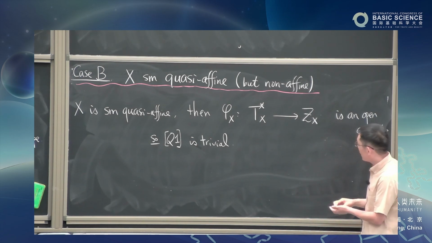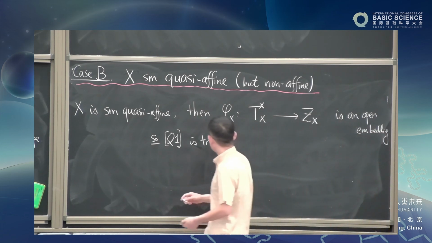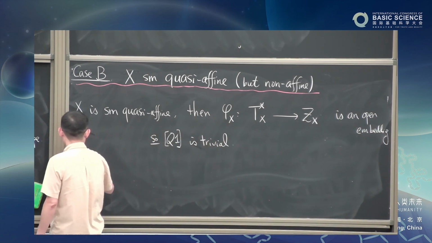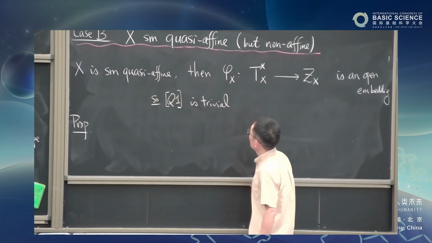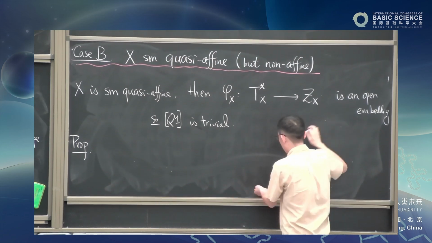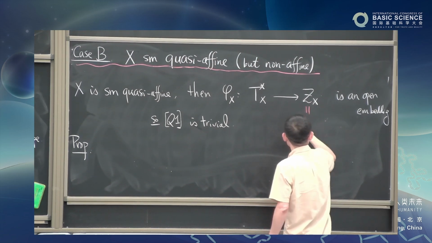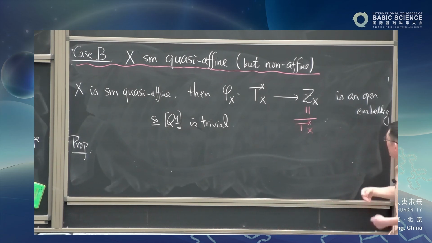And then what can we do for question 2? In your paper of this year, we tell that in this case, since this is an open embedding, I can just write the affinization of this one.